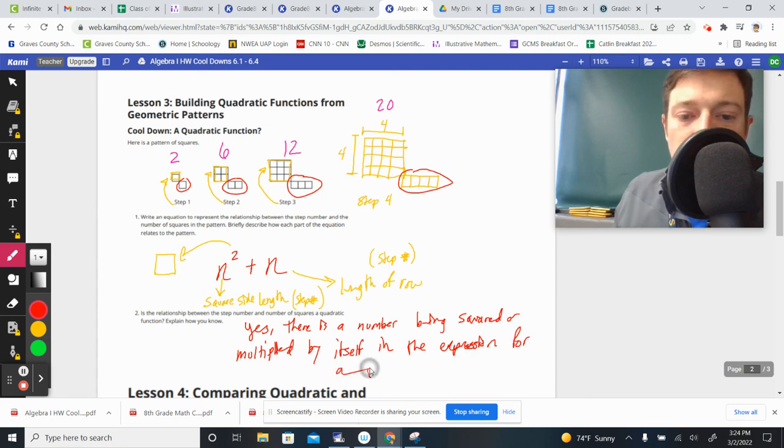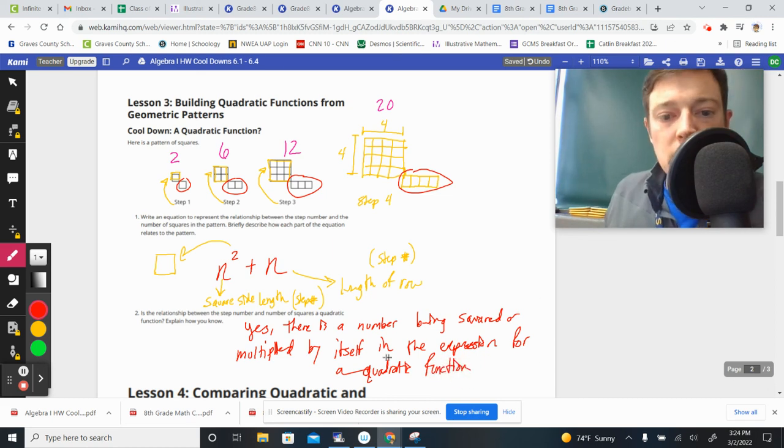That is what we've been noticing. Wow, my pen's losing battery or something here. It's struggling. Sorry for the poor handwriting. Yes, there is a number being squared or multiplied by itself in the expression for a quadratic function.